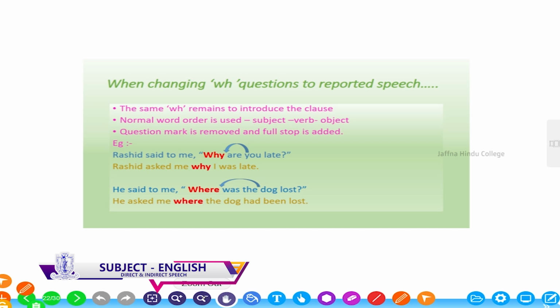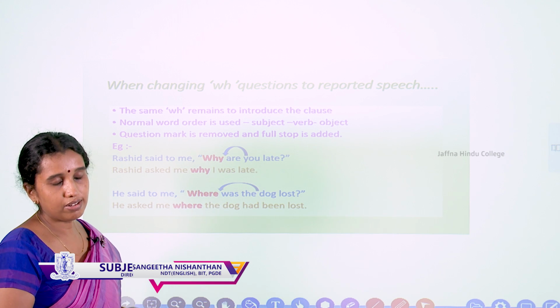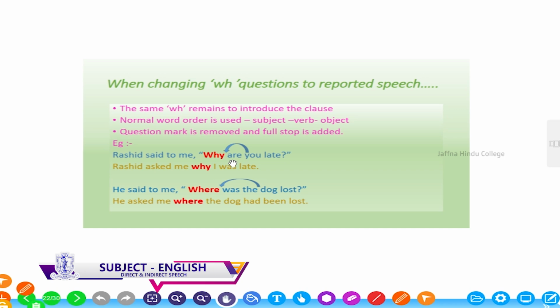Right. Rashid said to me, why are you late? So the verb goes behind the subject. The are goes after the you, and you comes before the verb. Rashid asked me, why remains at the same place.